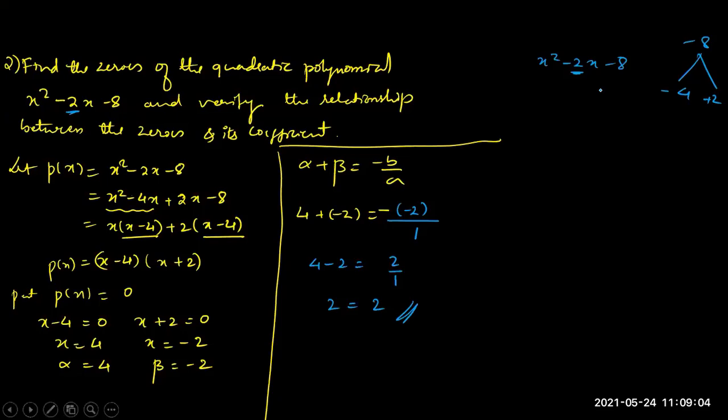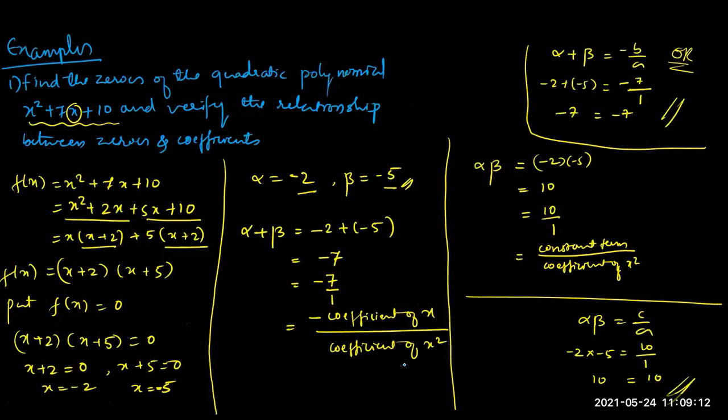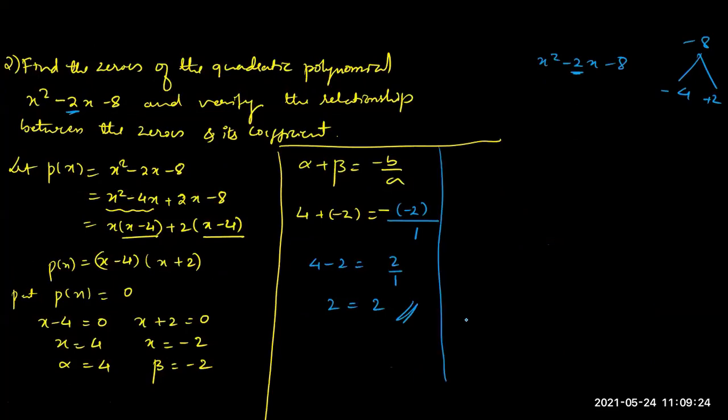Yes, sir. But this relation you need to remember, this is more important for us. You should not forget this relation. What is alpha plus beta? What is alpha into beta?